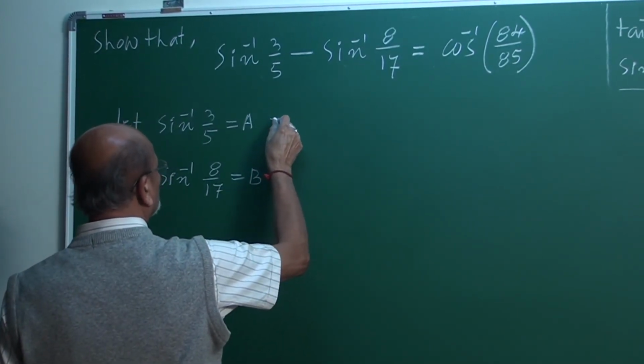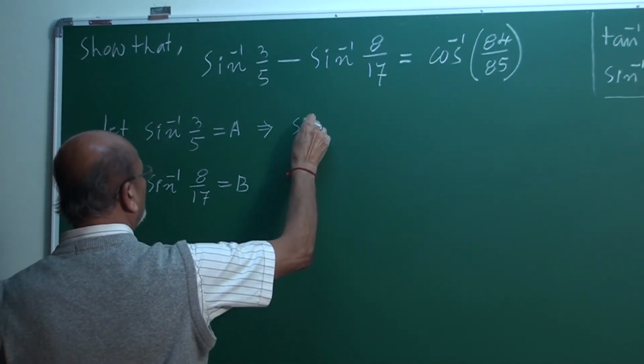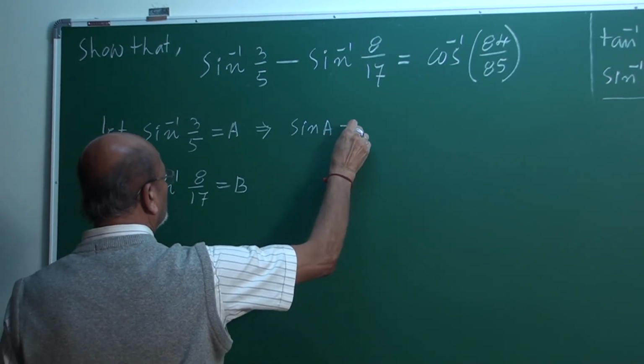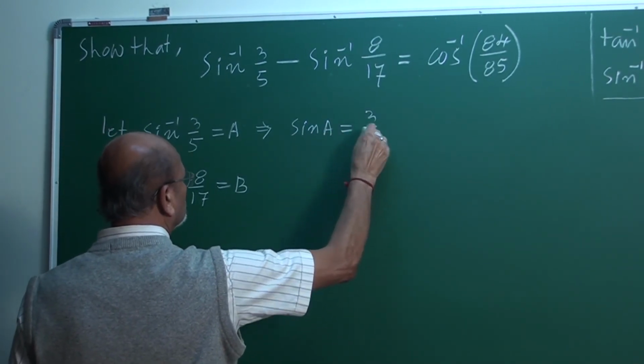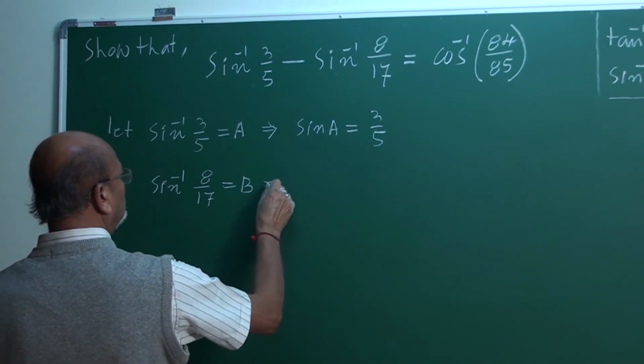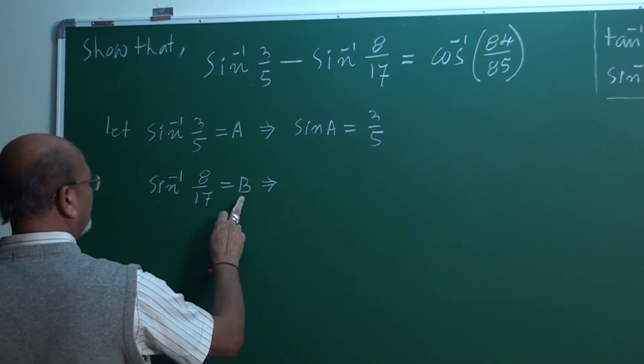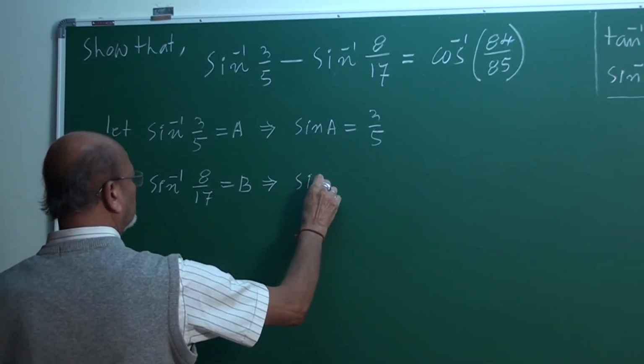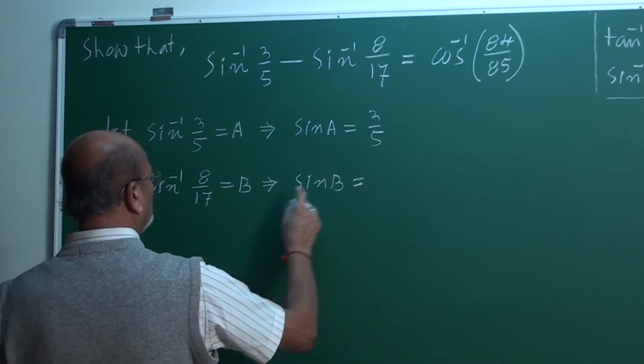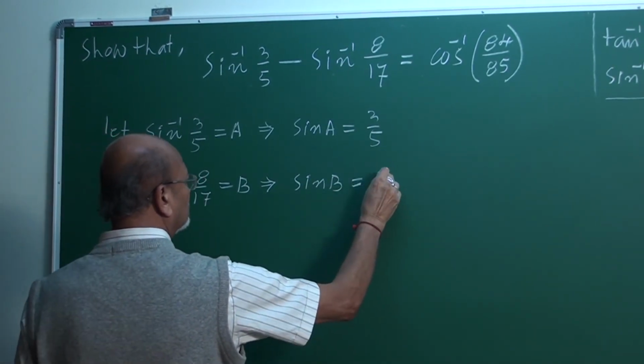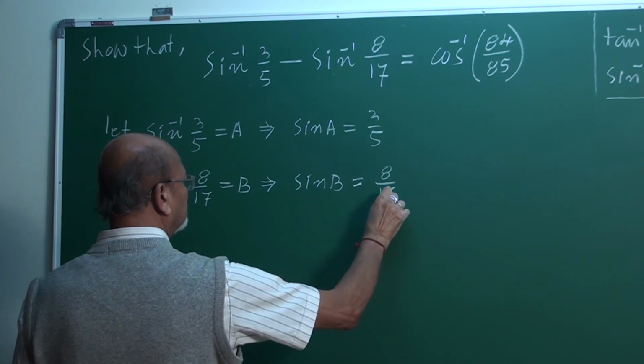This gives sine A is 3 by 5. Taking sine on this side, you get sine B is 8 by 17.